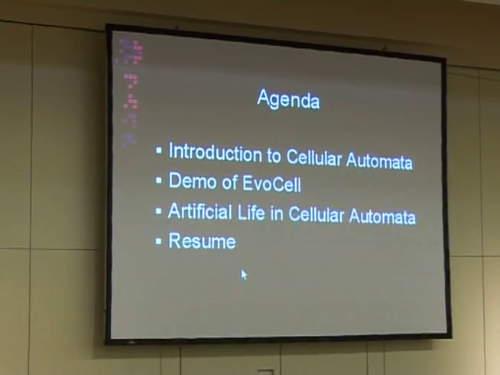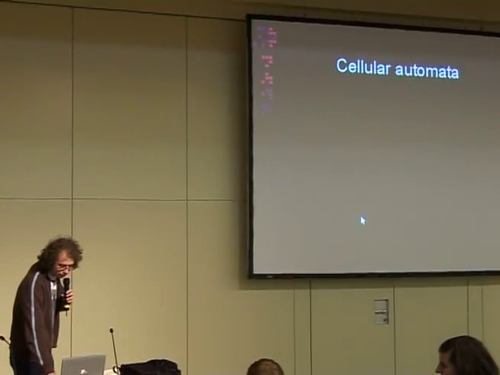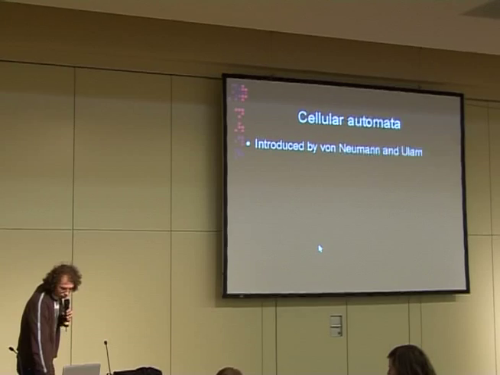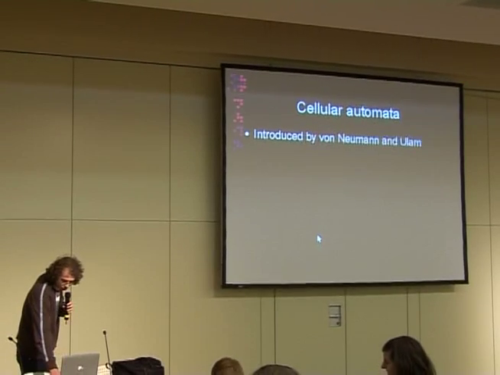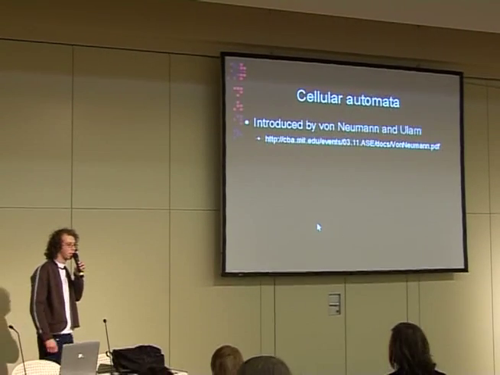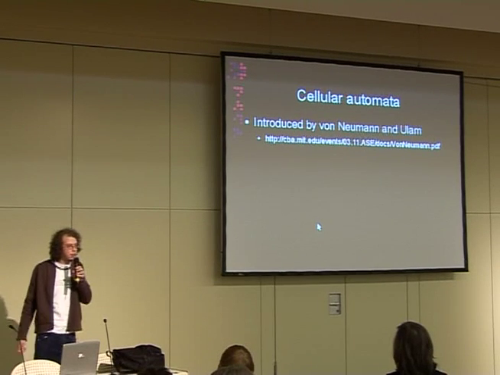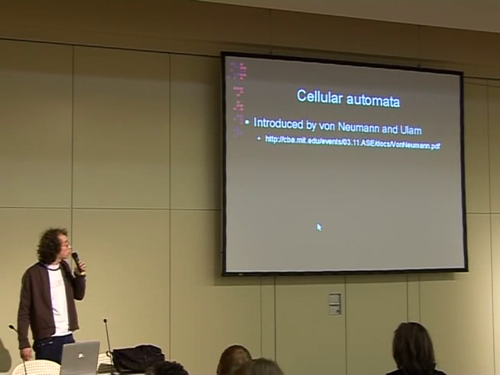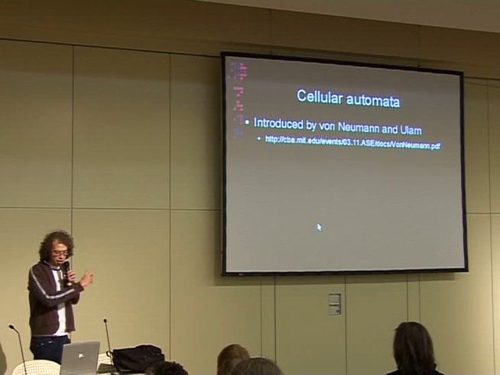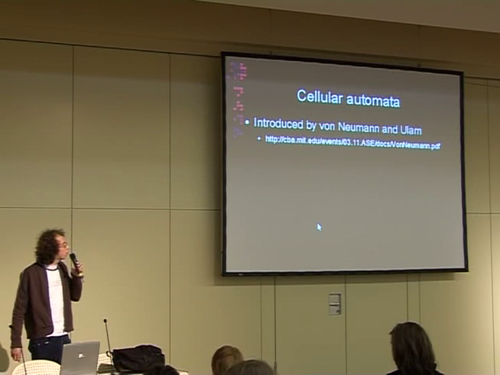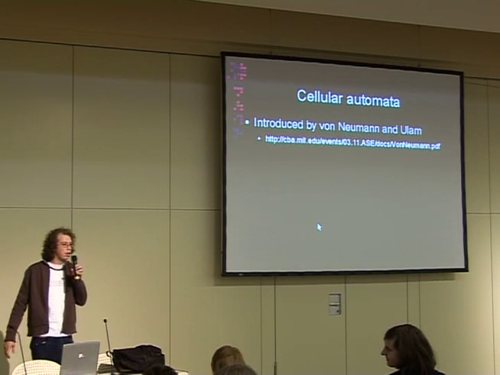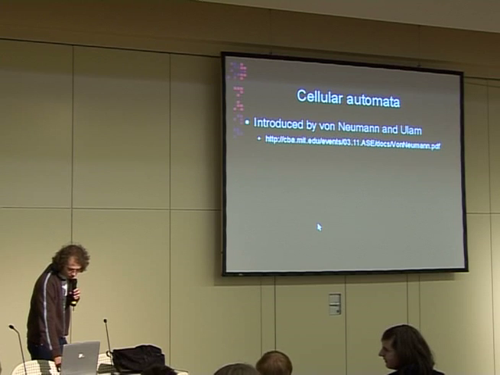So, what is a cellular automaton? It was introduced by von Neumann and Stanislaw Ulam in the 40s, I think. So the father of our computers is also the father of cellular automata. And at this URL, you can find a very interesting paper from that time, if you're interested.